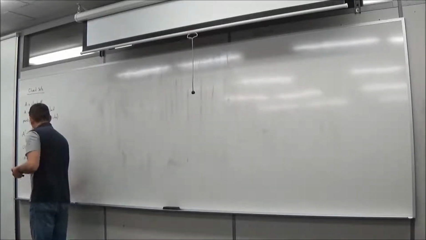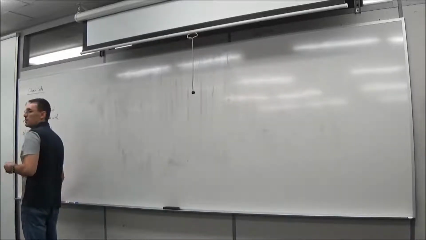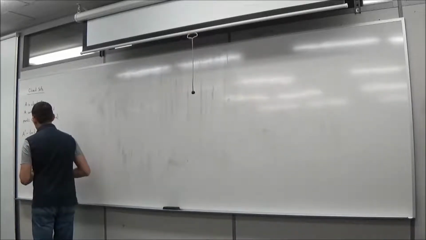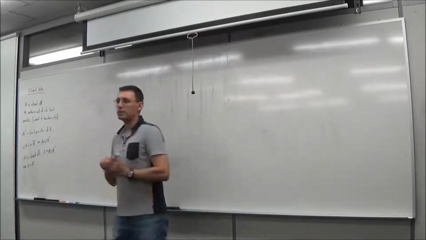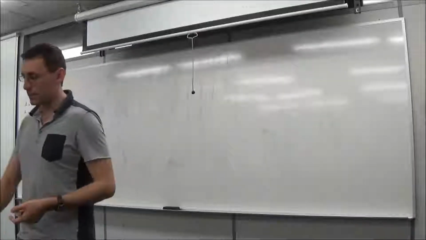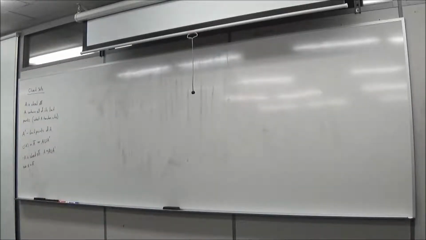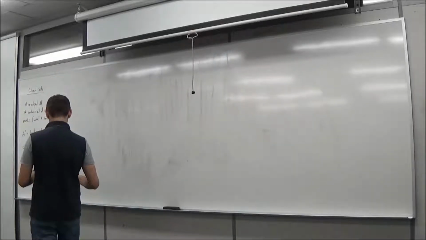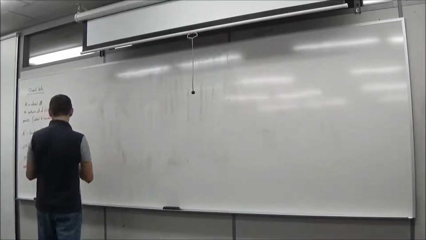It's much simpler to just say, throw in all the limit points. Good? Throw in all the limit points, and what you get is a closed set. So that was about A closure.